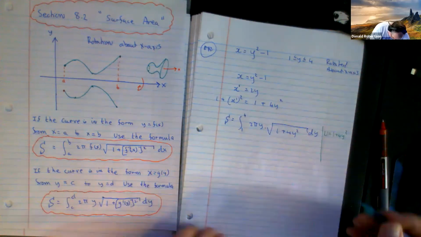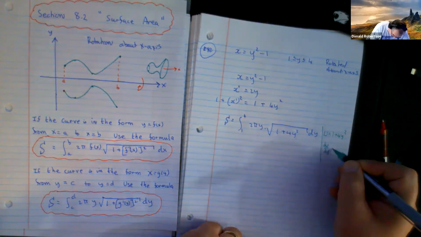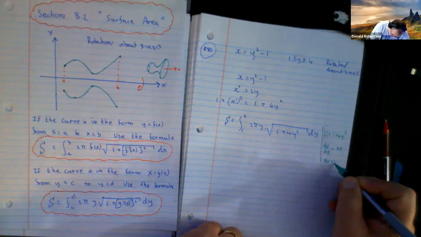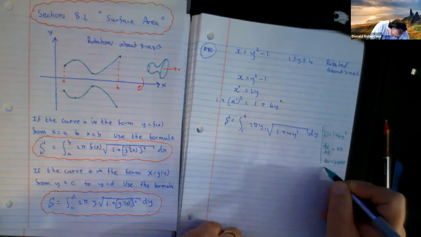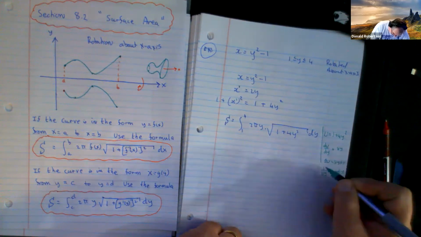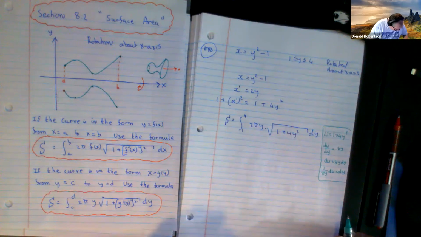So, differentiate with respect to y, you get 8y. Do the crossover, and then divide. Let's see what that becomes.